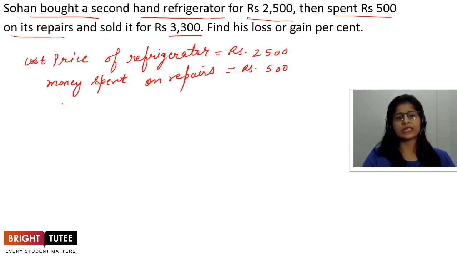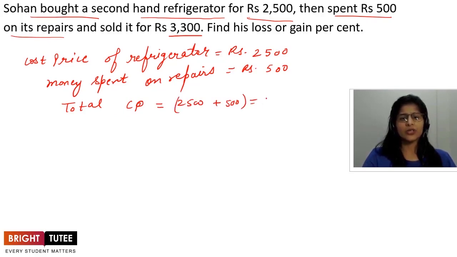The money spent on repairs comes under overhead charges, and it is included in CP. So total CP is 2,500 plus 500, and we get rupees 3,000. Clear?